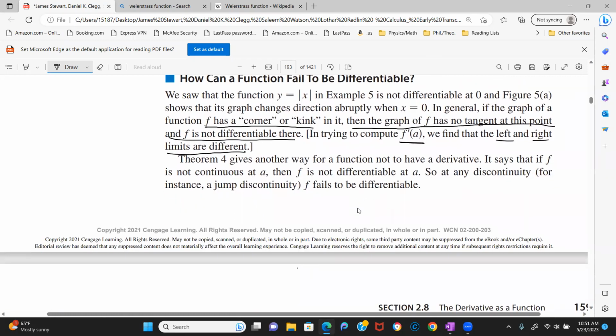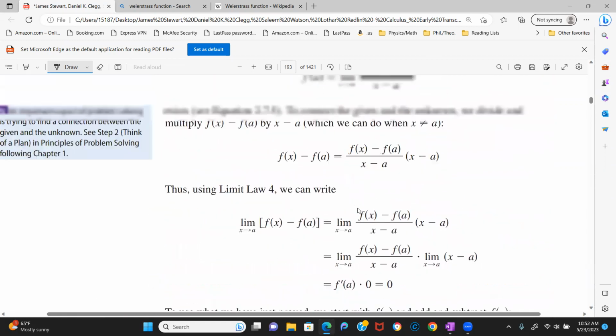Another way a function can fail to have a derivative is if f is not even continuous at a, so it couldn't possibly be differentiable. And that's basically what we've just proved right here, right?